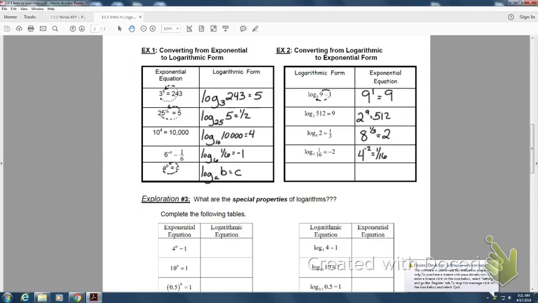Okay, so you need to know how to go from one form to the other. I haven't looked over the homework very heavily, but I would imagine this is one of those homeworks where there's a big chunk of them.